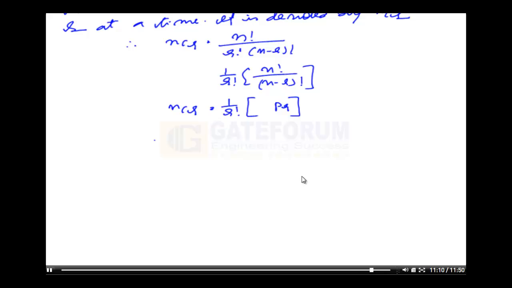So I can write nPr equivalent to r factorial times nCr. Hence nPr is always much bigger than nCr. So this is about combination.